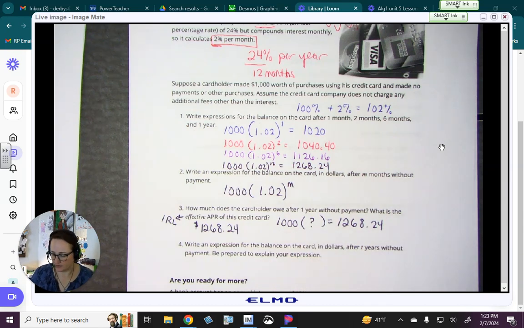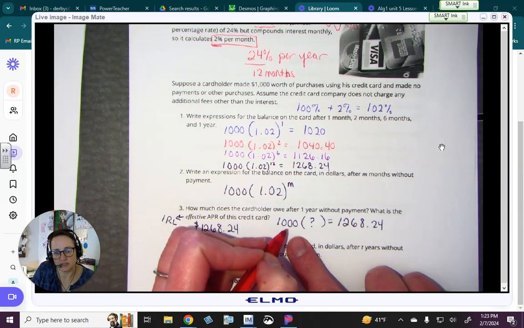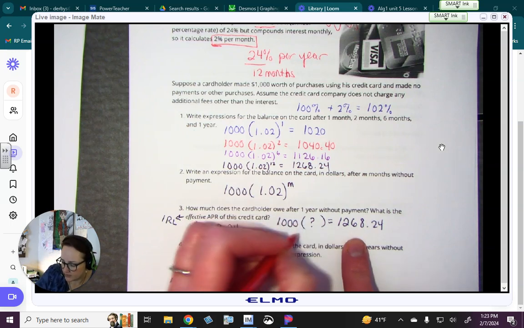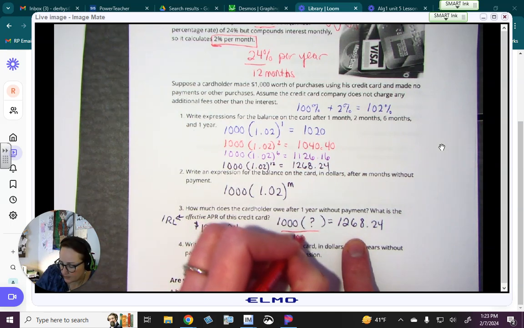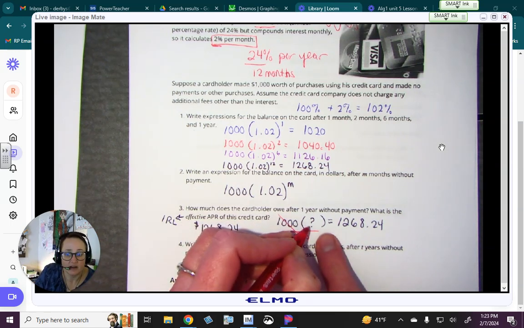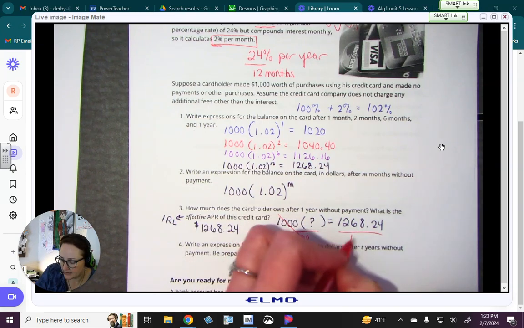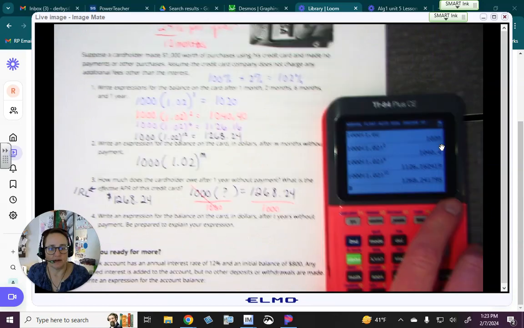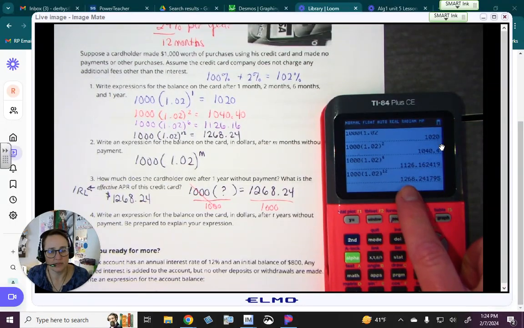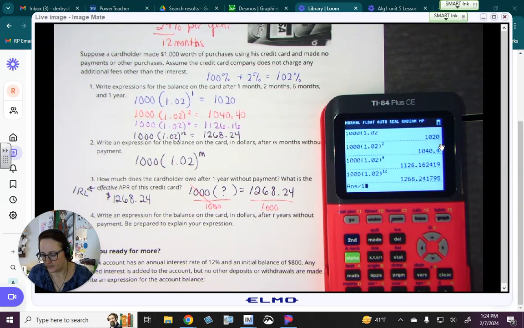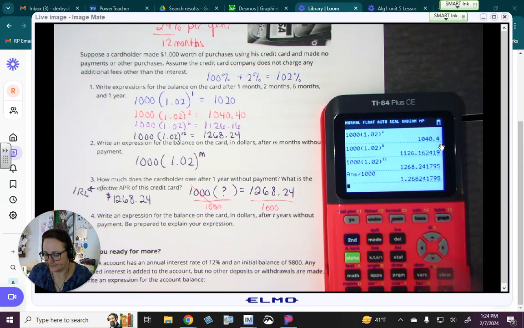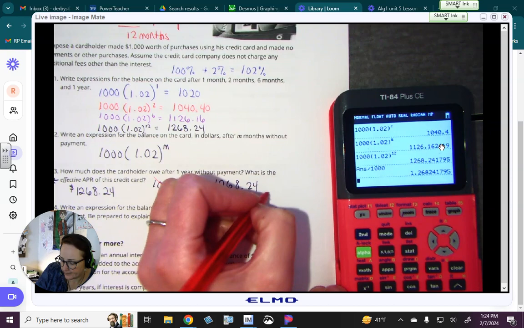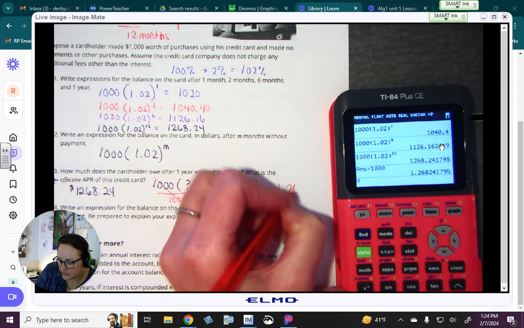Let's see just how different it is. If I have 1,000 times something to get to 1268, I need to divide by 1,000 so I can get that unknown something by itself. Dear calculator, what is 1,268.24 divided by 1,000? 1.268.